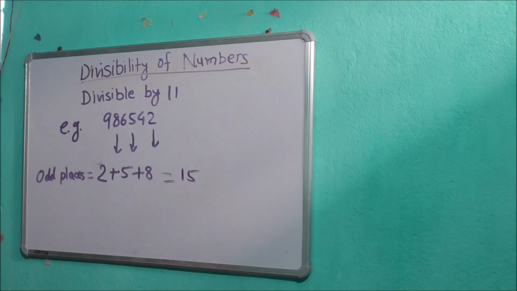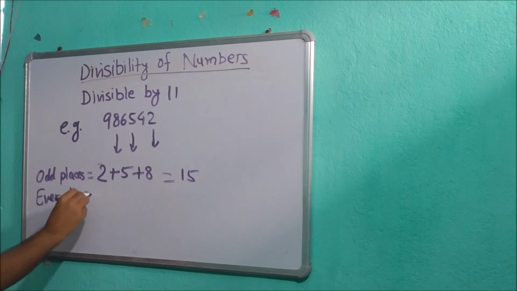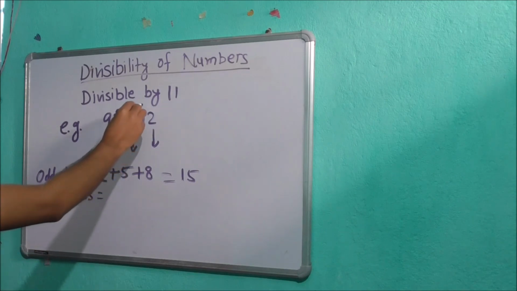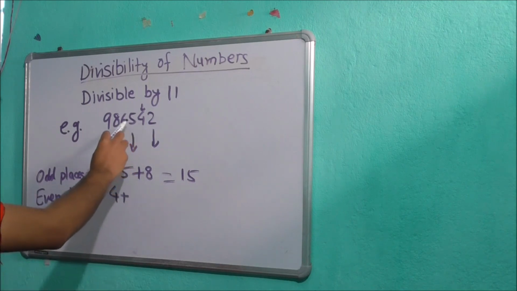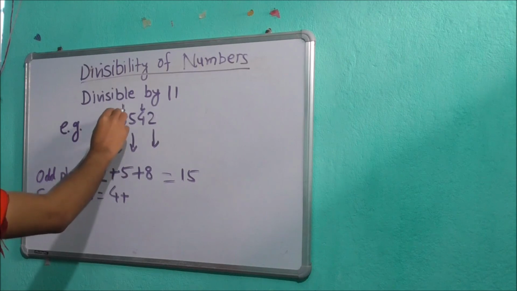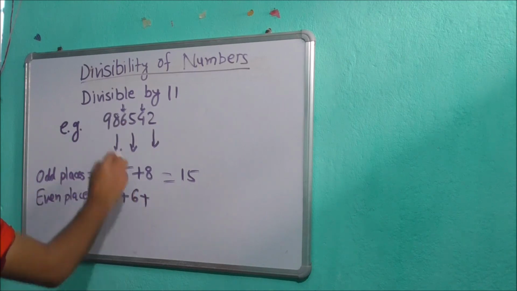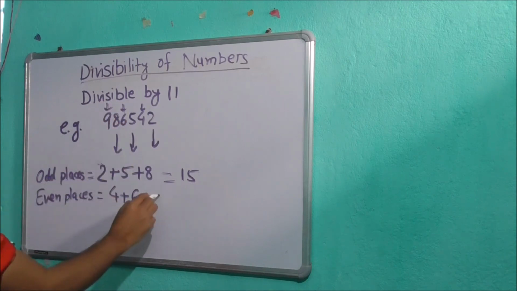Now we need to check the sum of digits at even places. Now the even place number is 4, the second digit at second position, then 3rd, 4th, this is 6, and 5, 6th position, 9.